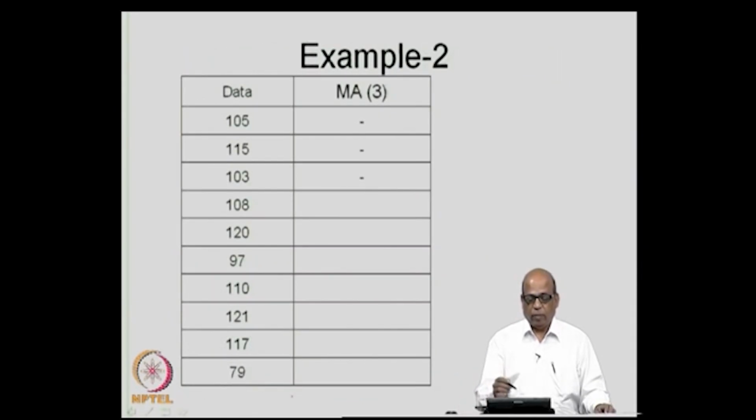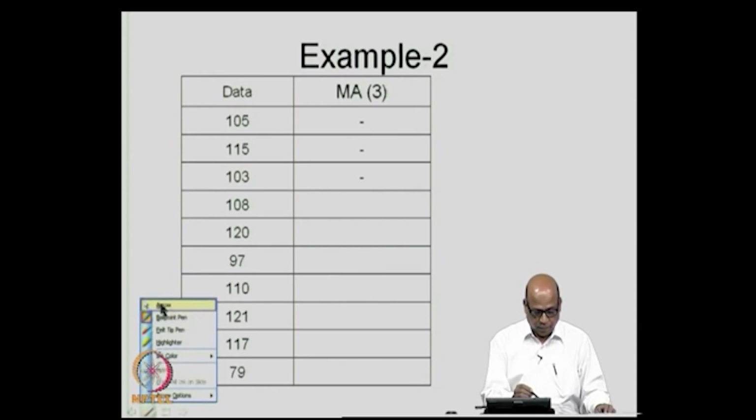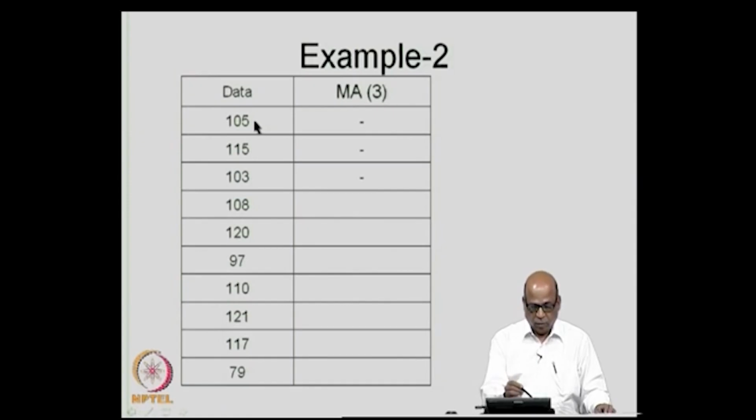So, let us see what we mean by that. We are talking about a moving average of order 3, which means we are taking the average using 3 previous values.